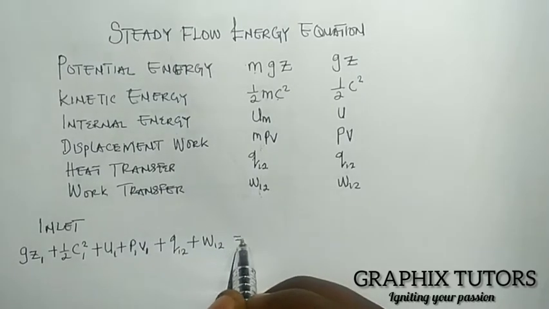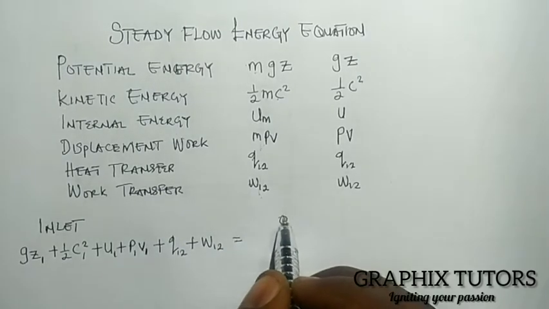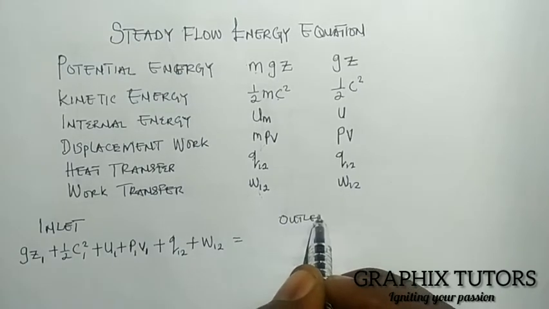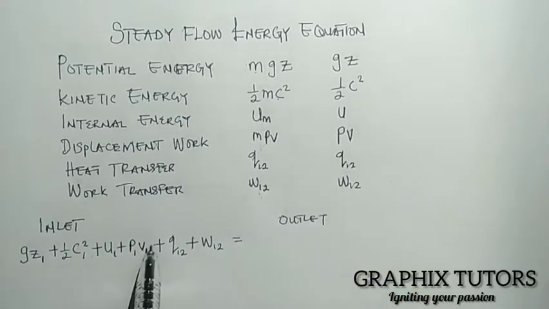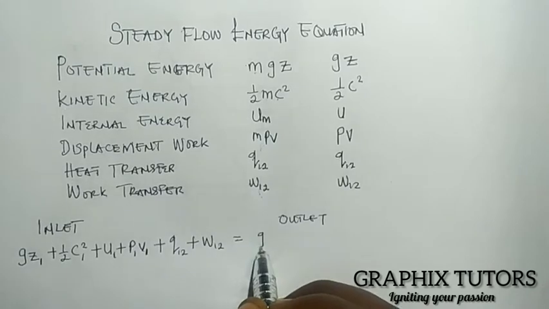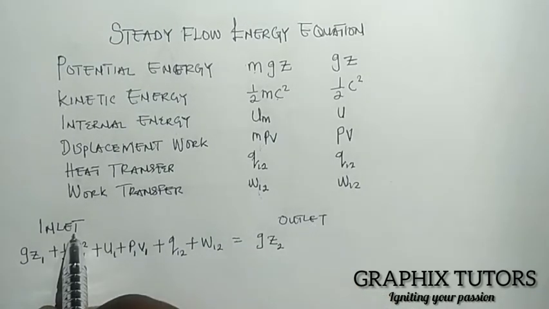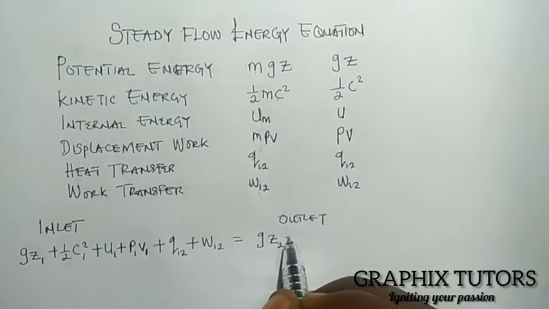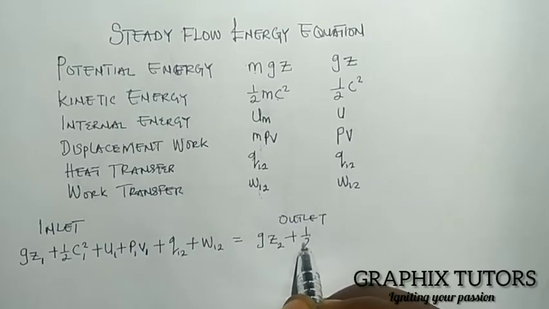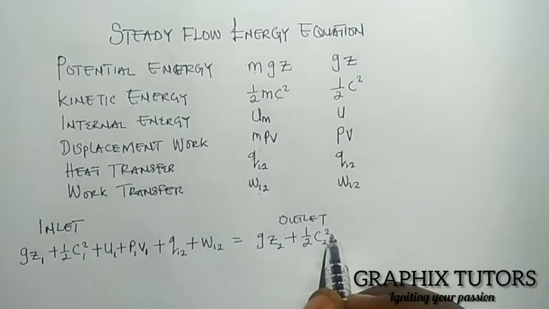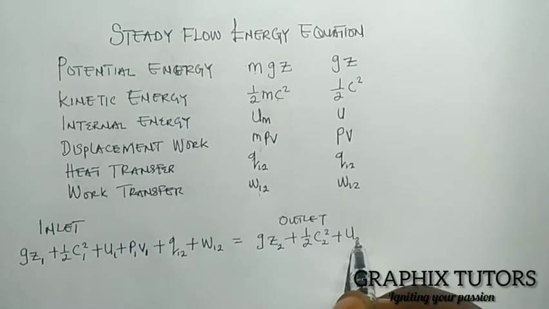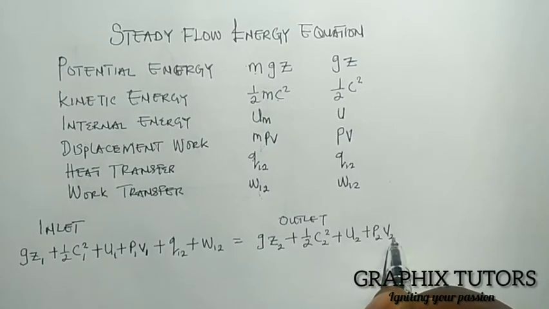Now this will give me equals to what? The outlet. When they start flowing, I'll be left with my gZ2, at point 2, plus half C2 squared plus U2 plus P2V2.